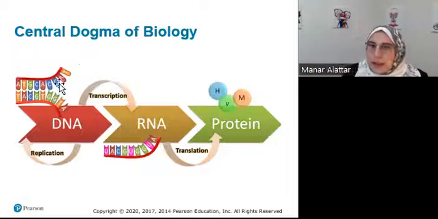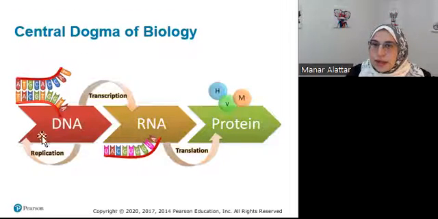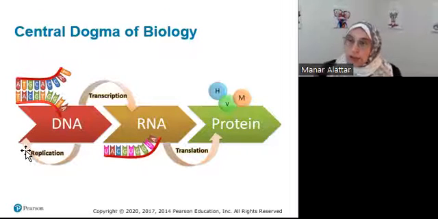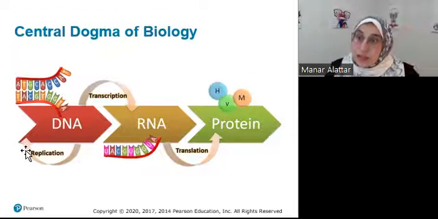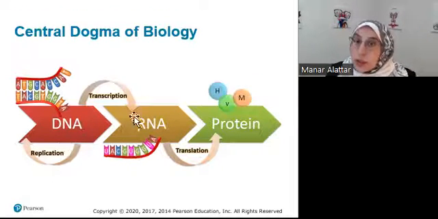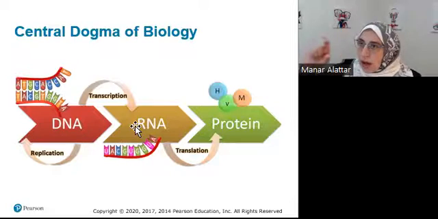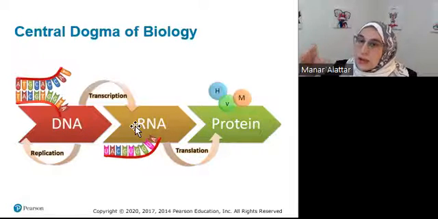And that is that DNA, which is oftentimes your double-stranded molecule, is replicated so that organisms can reproduce. But when it needs to be expressed, it is transcribed into a copy. That copy is in the form of RNA, generally speaking.